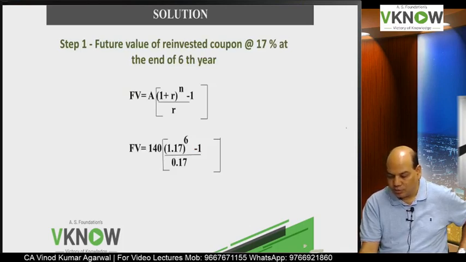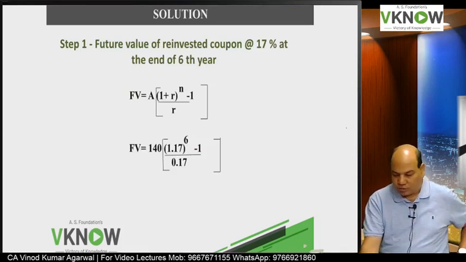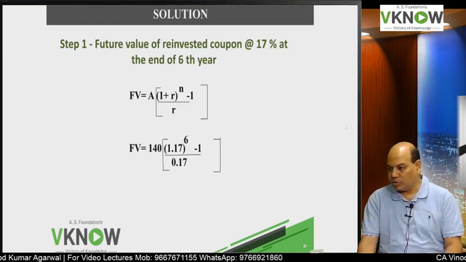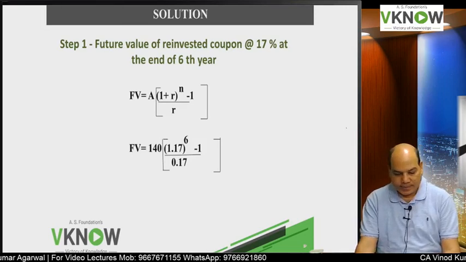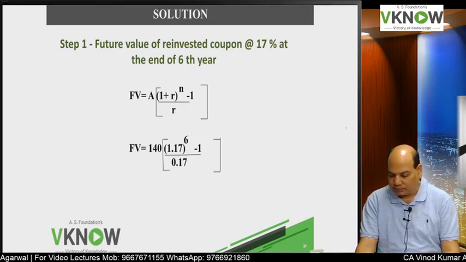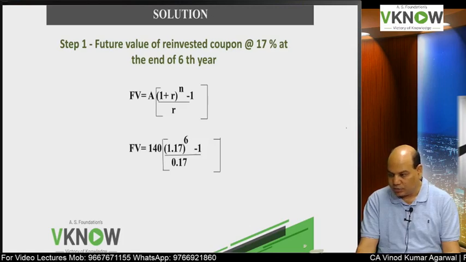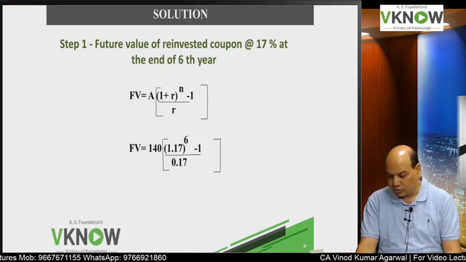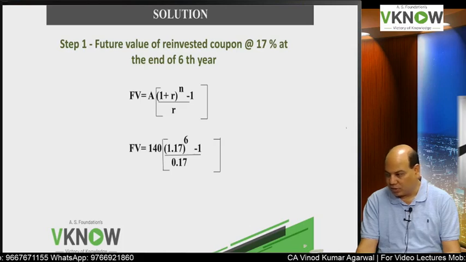So we'll go to step 1. Step 1 will calculate the future value of reinvested coupon at 17% at the end of 6th year.